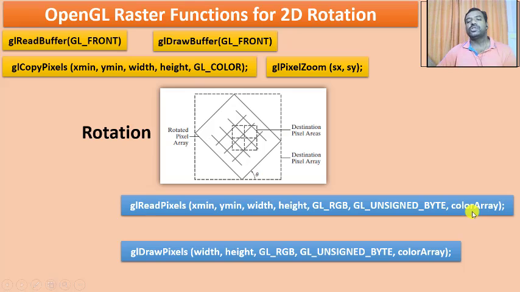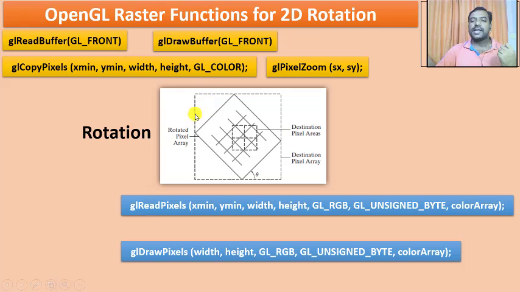Now I am not using the default array, because to apply the rotation you need to make sure that you are going to modify the values. So to modify the values you need to have your own color array, or your own array.